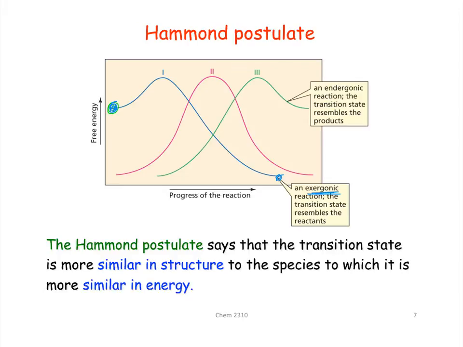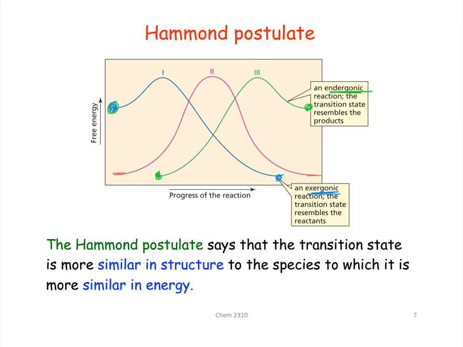If we look at the green one, it starts down low and finishes up high, and so this is an endergonic reaction step, and the one that's red starts at one energy, finishes at the same energy. So delta G would be 0 in that case.